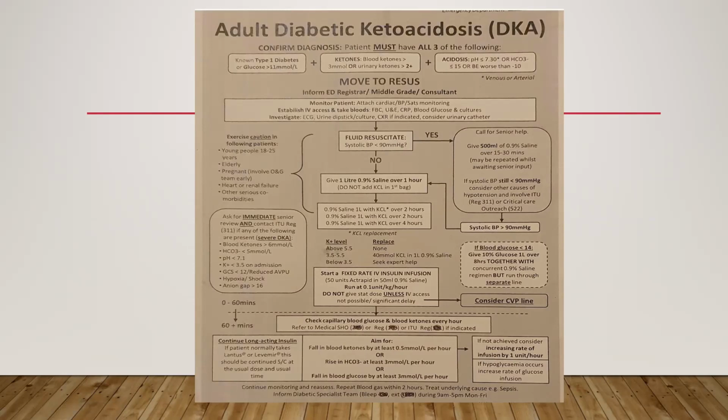We're always going to give 0.9% saline, 1 liter throughout. It has to be 0.9% saline as long as the blood glucose is more than 13. If it's less than 13 millimoles, we can replace it with 5% dextrose. And the insulin has to be fixed rate.